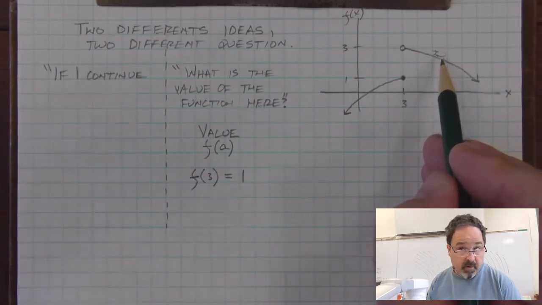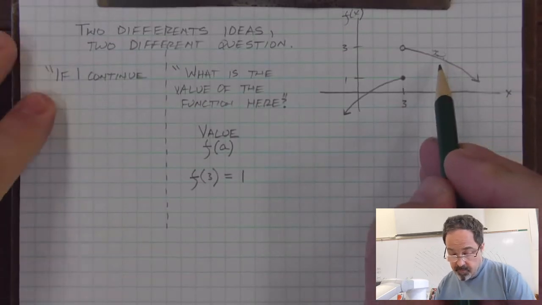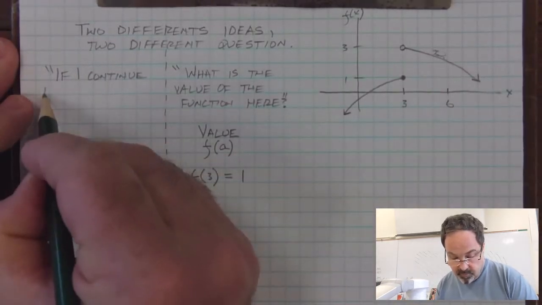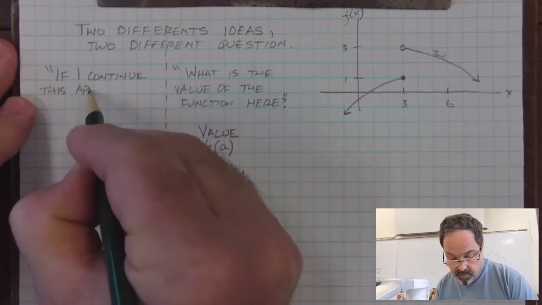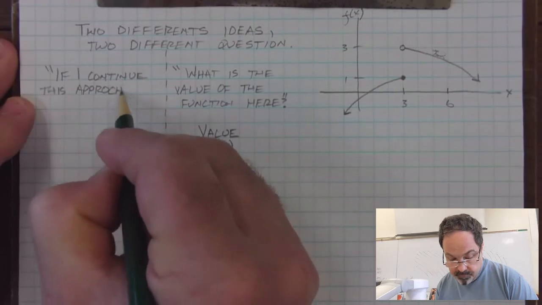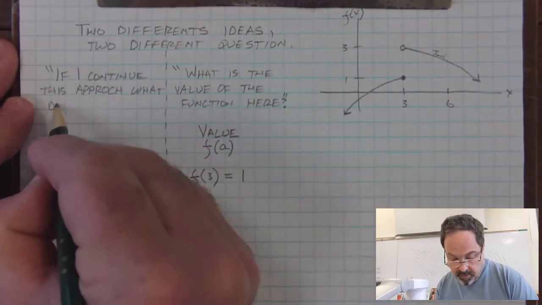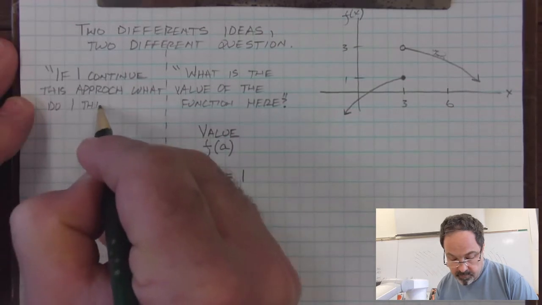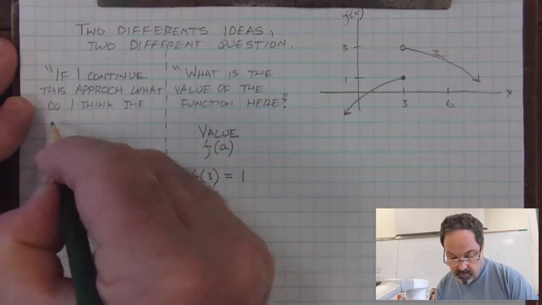It's been used for a couple hundred years to talk about these ideas. But if I continue this approach of me being a bug on the function, walking along, what do I think the value will be?